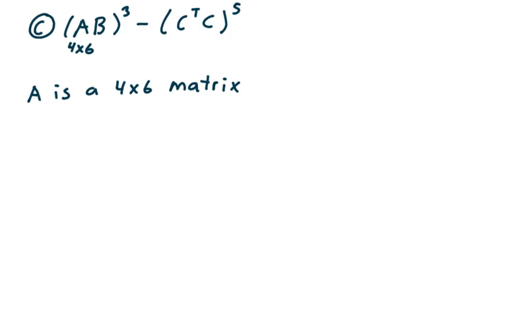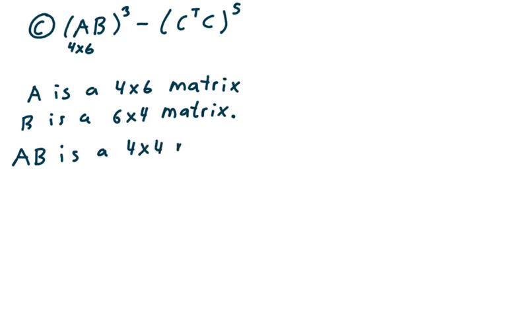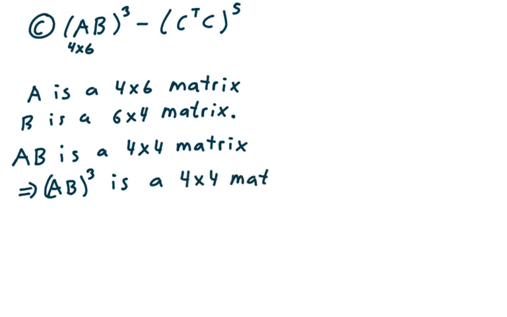And then B is a 6 by 4 matrix. So you do this very systematically. So AB is a 4 by 4 matrix. It's defined, right? It works. And if AB is 4 by 4, that tells me AB to the third is a 4 by 4 matrix, right? There's no choice.